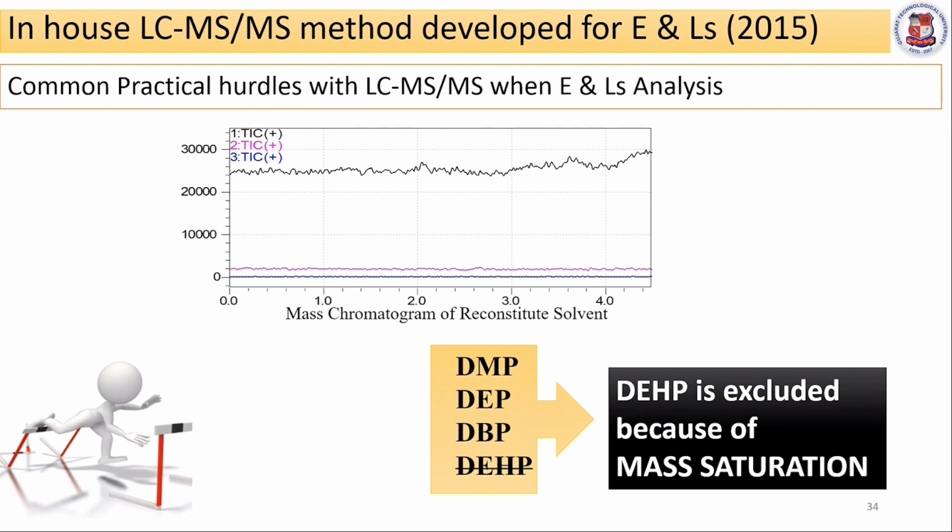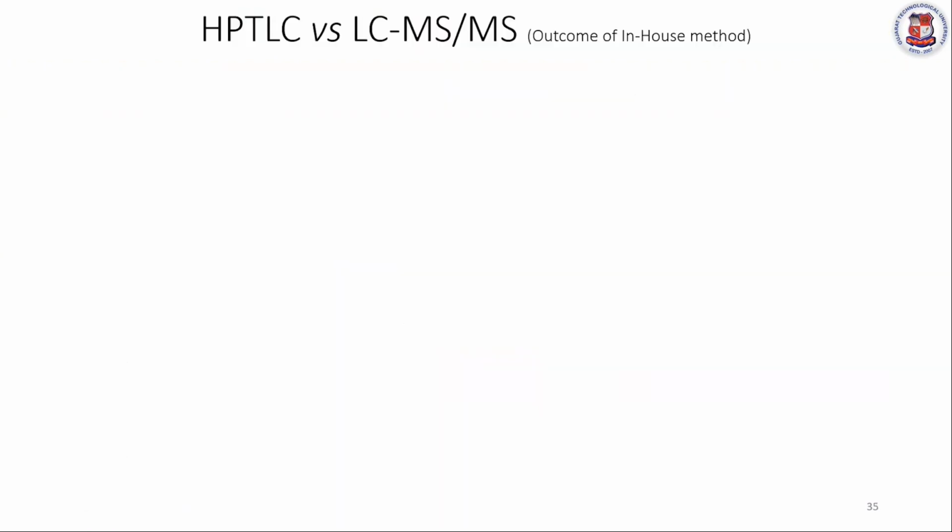Due to baseline saturations, it might be from our part, but we excluded DEHP because of the mass saturations, and it is more prominently present in the product. Still we had to exclude it, because if we include that then we lose the sensitivity.